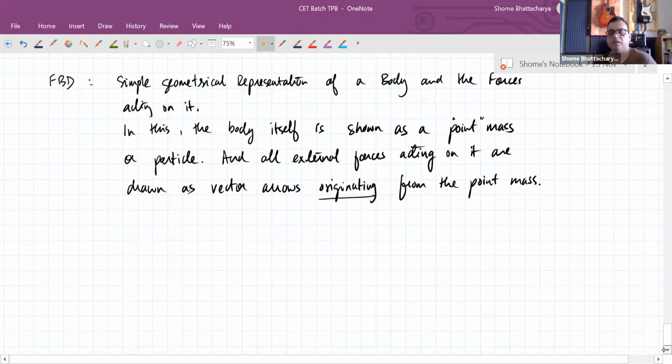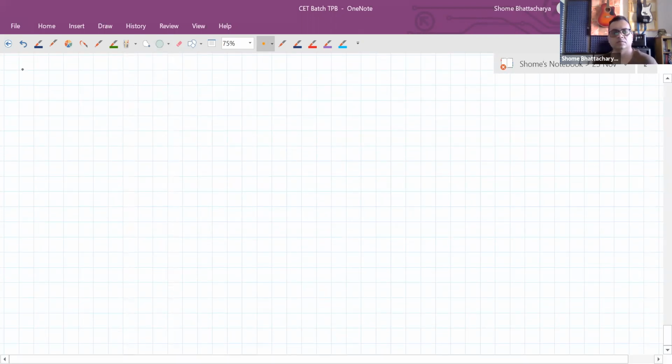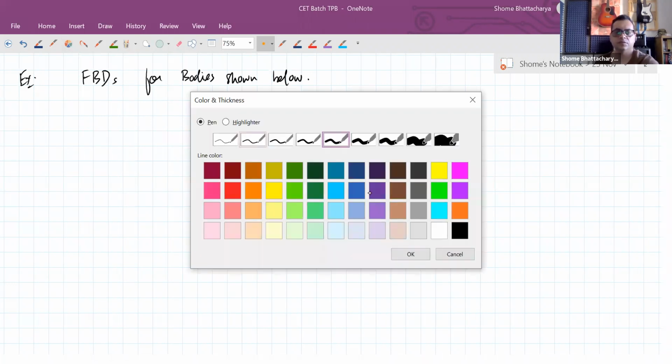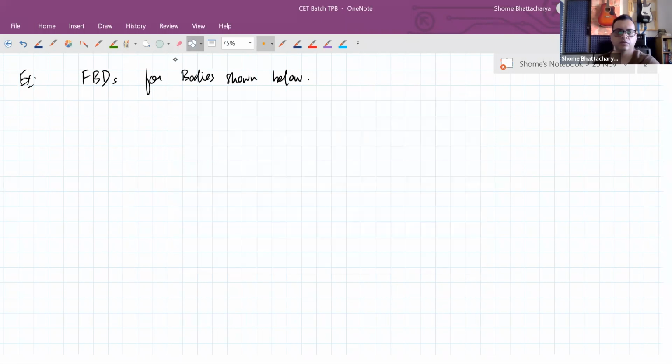Okay, so let's see some quick examples of free body diagrams. So, for example, we start with one of the cases we have just seen of those two blocks kept stacked on top of each other.